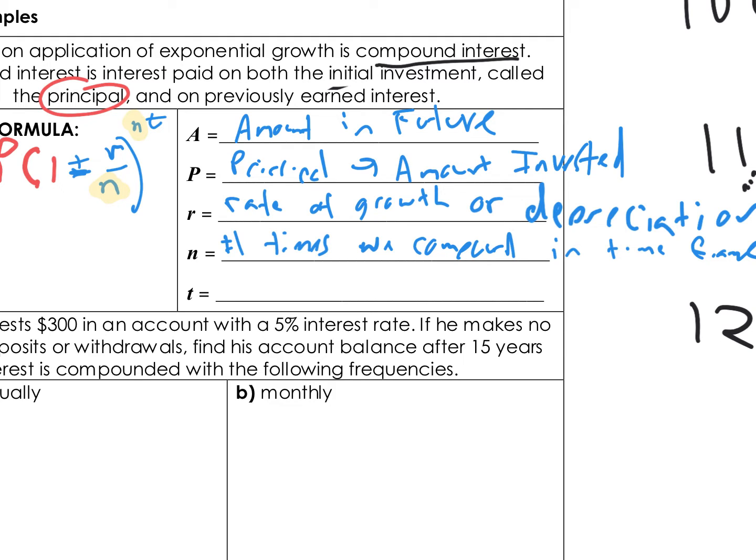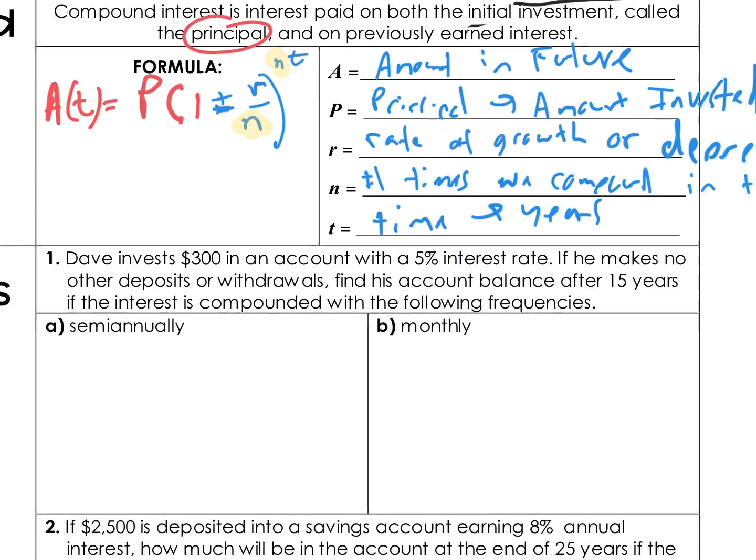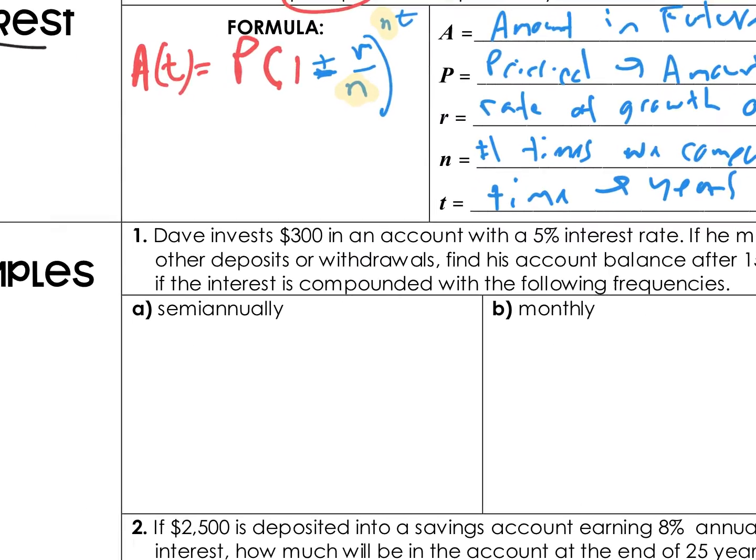And T stands for time, but usually we say years. Money's usually invested for years. It's not usually invested for months. But you can still do the math and calculate it. Let's say you change your mind. I'm only investing for 4 months instead of the full year. You could do calculations. So let's do a couple problems, see how this works.